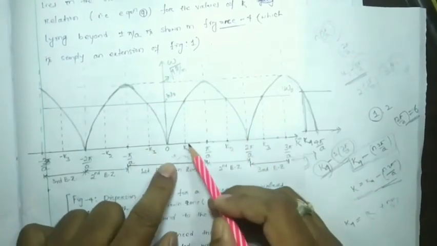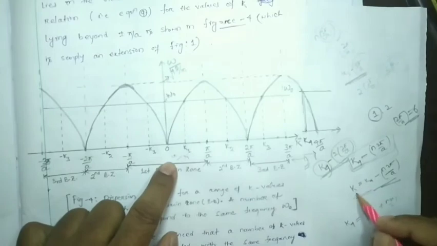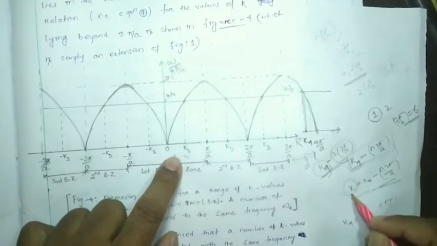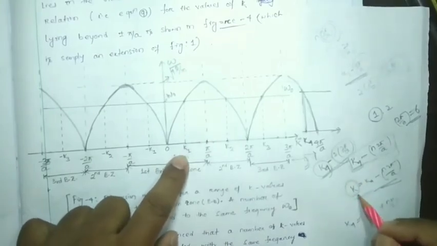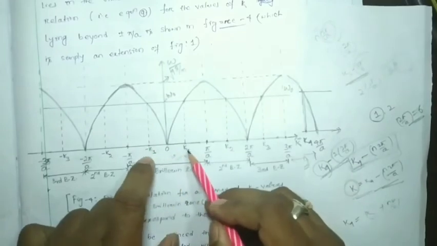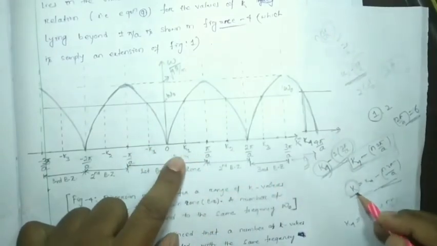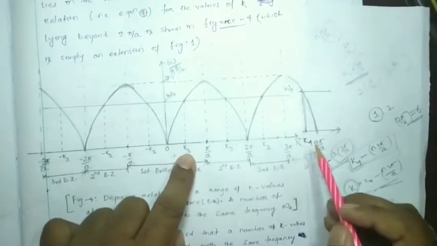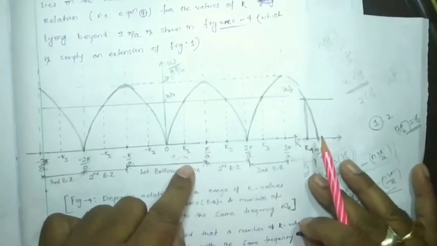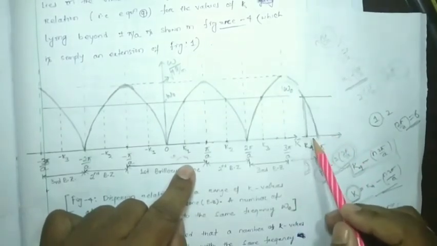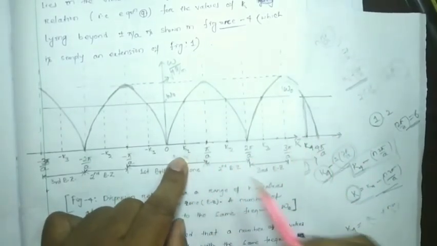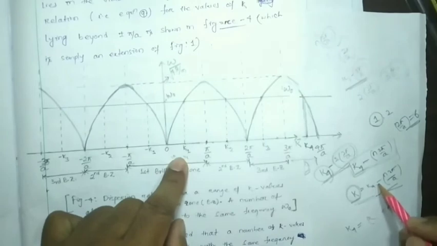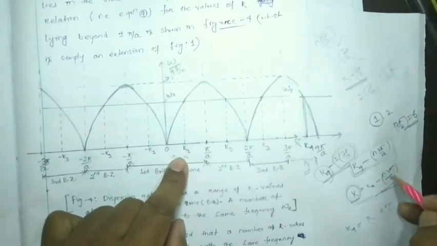Suppose the first Brillouin zone K value is considered as K, which belongs to the first Brillouin zone, not K1. Here I represented K1. Let K1 be represented as K. This can be found, or the K4 is going to be transformed from the fourth Brillouin zone to the first Brillouin zone by minus 2 into 2 pi by a.